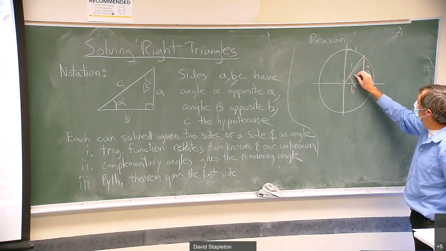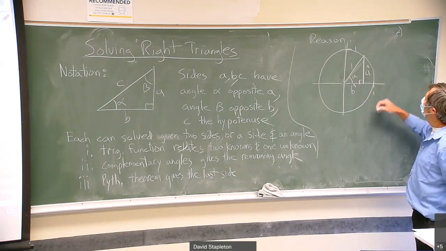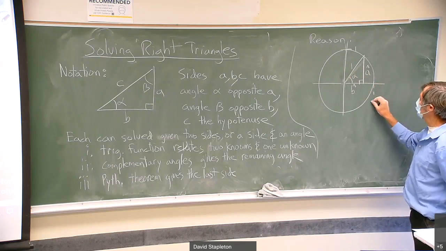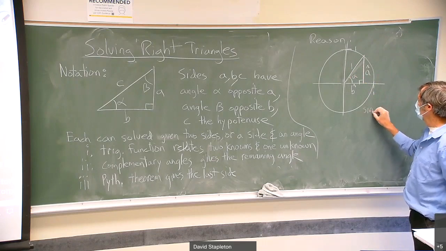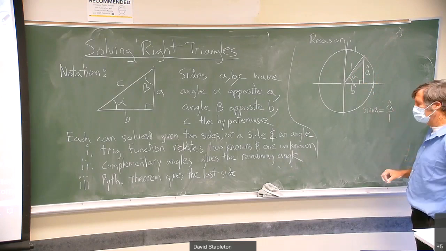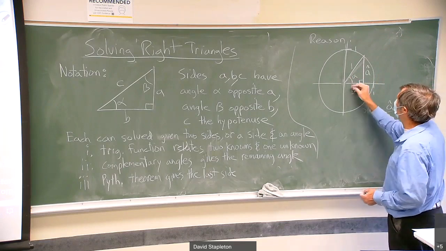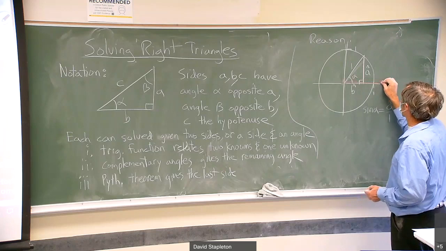I'll call it alpha, since it's opposite A hat. And from our trig relationships, sine alpha is A hat over 1. But now if you give me any other right triangle whatsoever that has the same angle, maybe it looks like this.